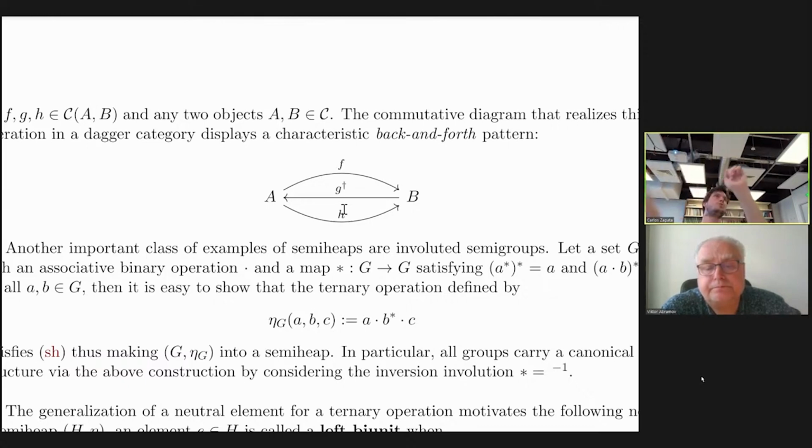Then you reverse one of them with a dagger, and you can compose in a zigzag diagram, so you end up going from A to B. That composition satisfies precisely the semi-heap axiom by the axioms of categories and daggers.